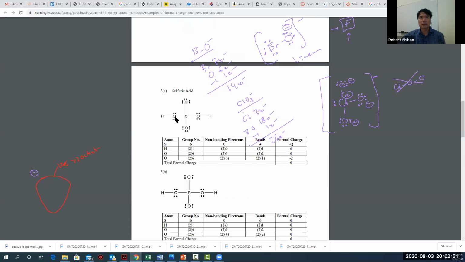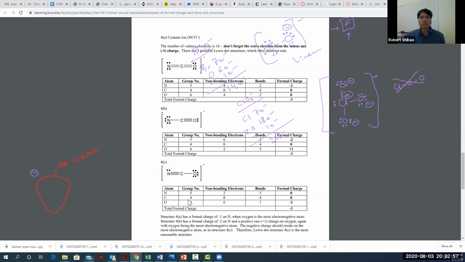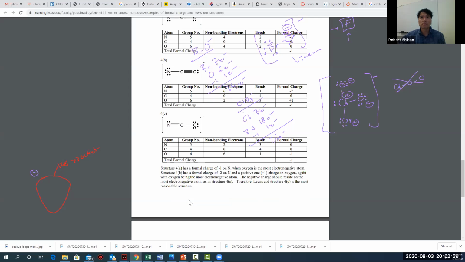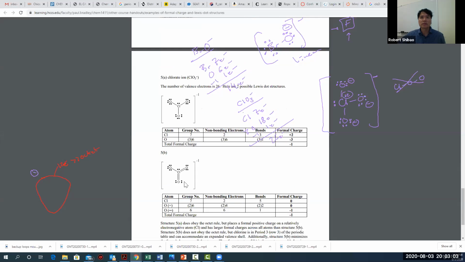The same thing here, sulfuric acid, expanded octet. Etc. Some examples here. Here's chlorate with the octet and then the expanded octet, and comparing the formal charges here.